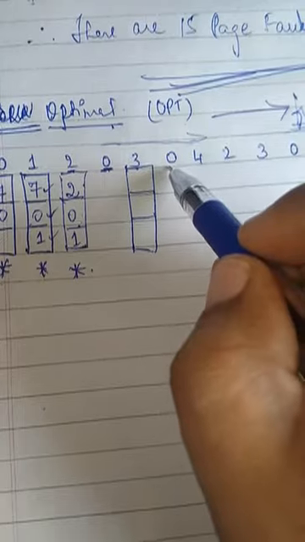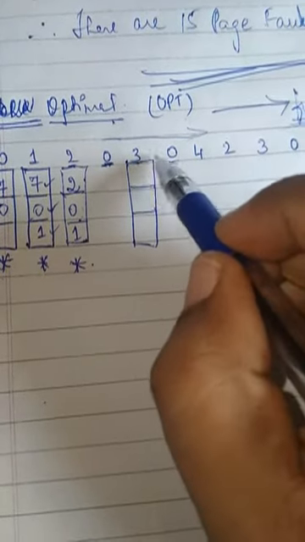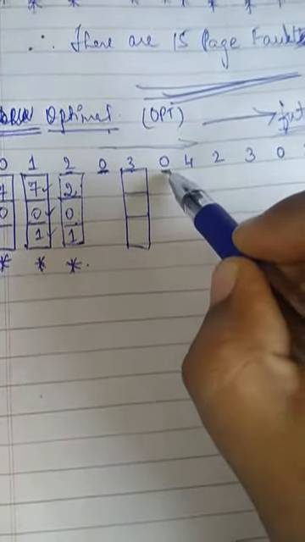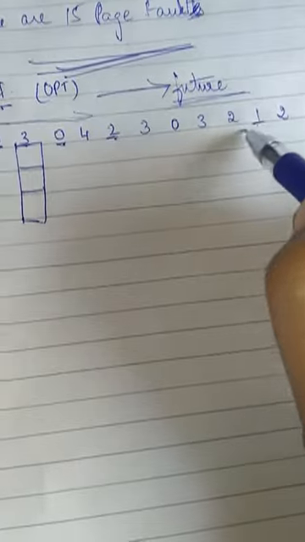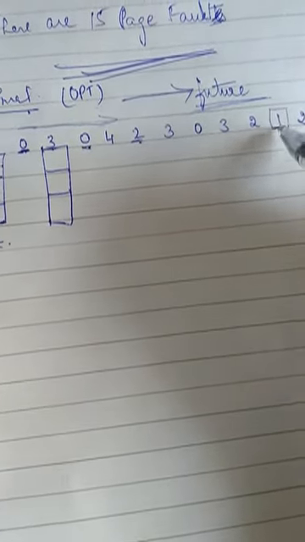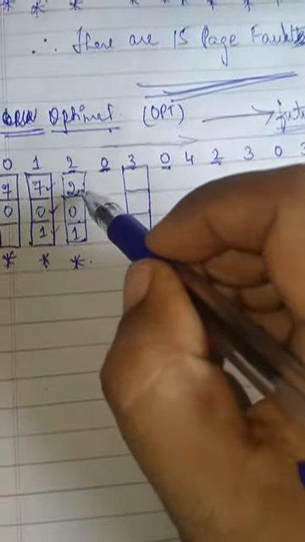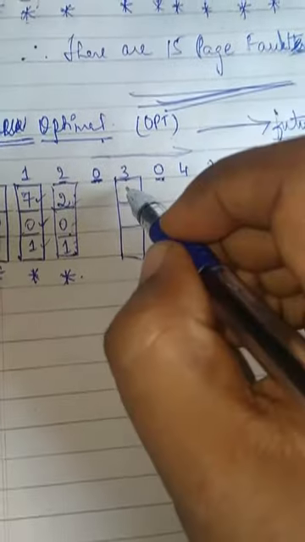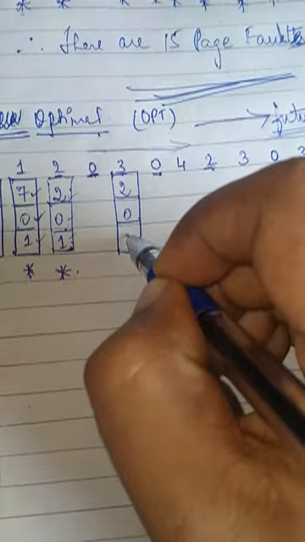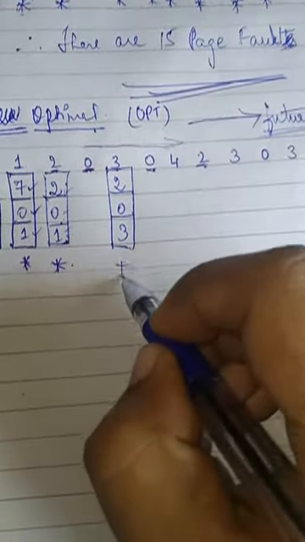You can see 0 is used immediately after this, so you cannot replace 0. Then check 2. 2 is used after 0, again not a good choice. Then go for 1. 1 is used somewhere later. So out of 2, 0, 1, the best page to replace is 1. So you're replacing 1 by 3. Again a page fault.